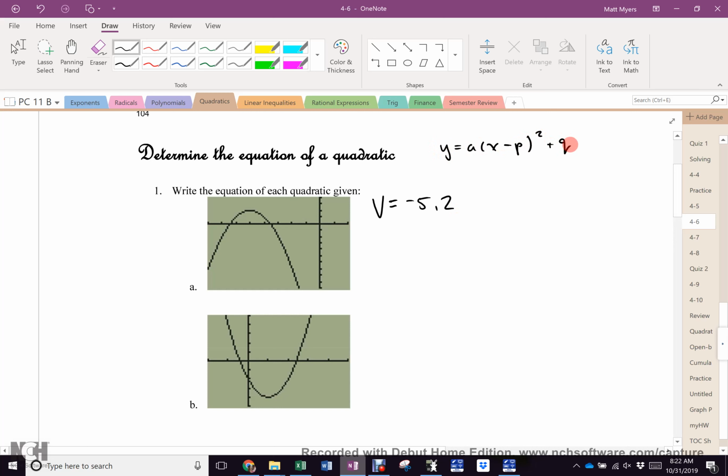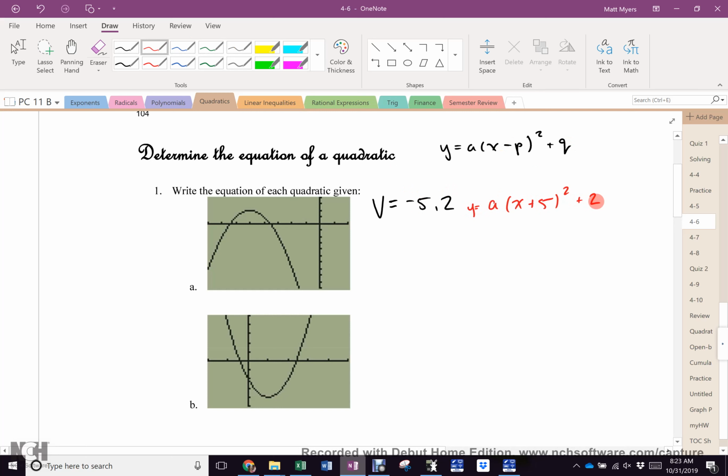Right? Where does the vertex live in that? P and Q. So, right now we've got y equals a x, what am I writing here? Plus 5, because it's minus 5, right? Squared plus 2. Does everyone agree?